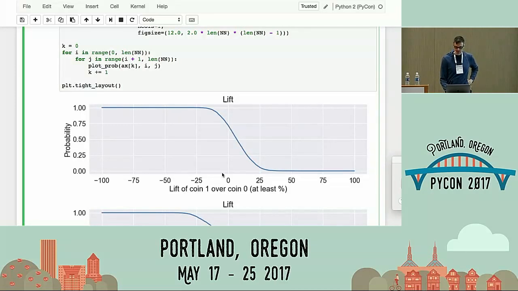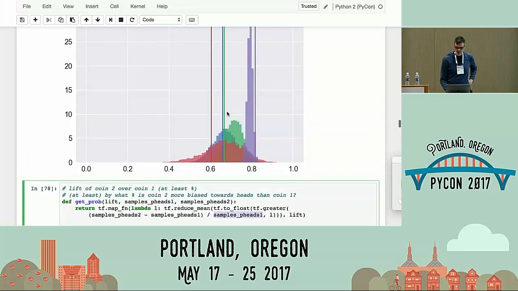Then you can go to the left or the right, and ask, is it maybe 25% or better than coin number 0? You can see here that we cannot really say that. We can say it with 0% probability. So what's more likely is that it's somewhat better, but not really that much better.